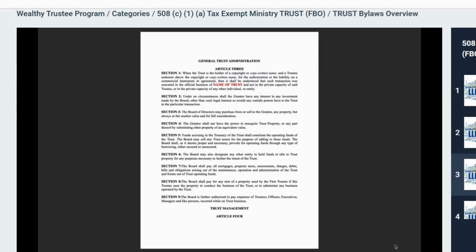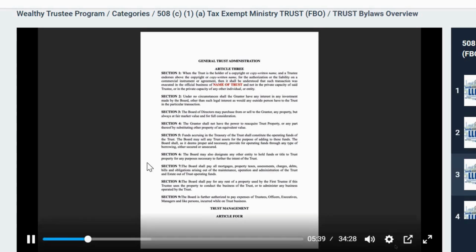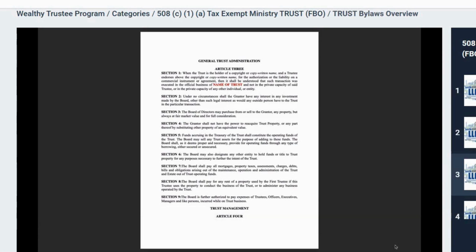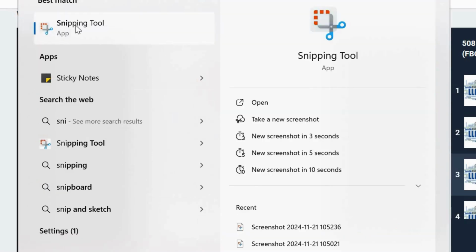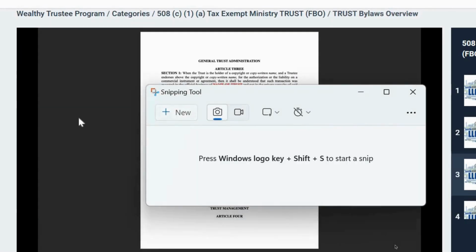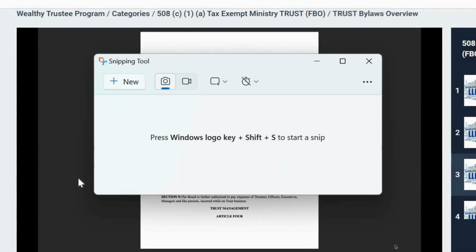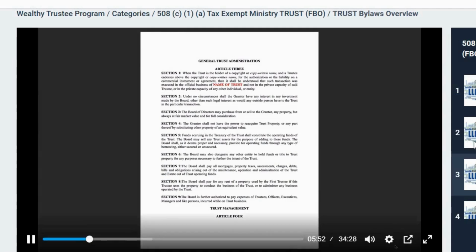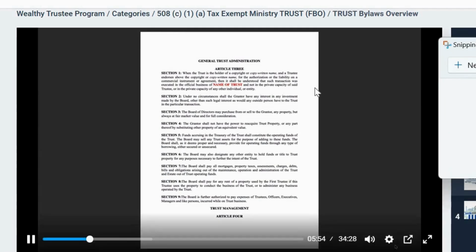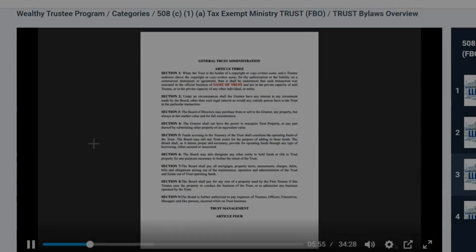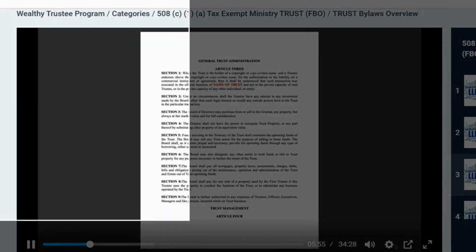Section 5. Funds accruing in the treasury of the trust, which is basically the trust funds in the bank account, shall constitute the operating funds of the trust. Section 6. The Board of Trustees may also designate any other entities to hold funds or titles to the trust property for any purpose necessary to further the intent of the trust.